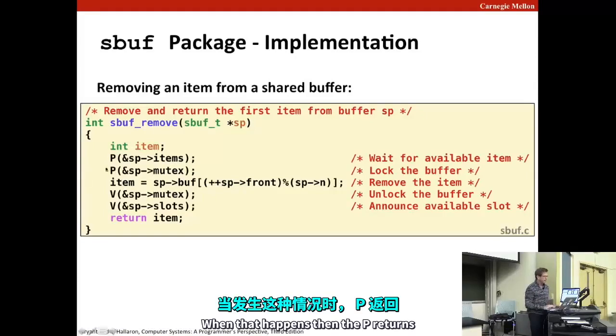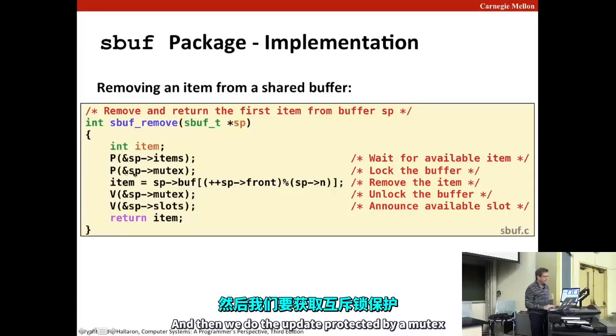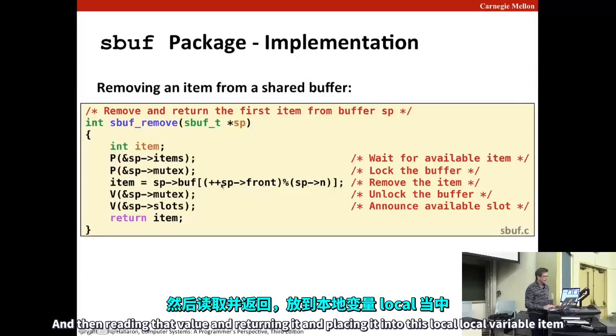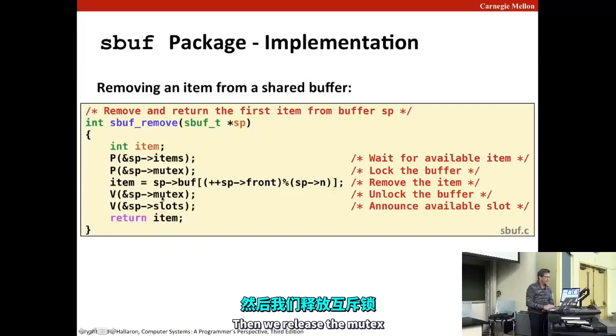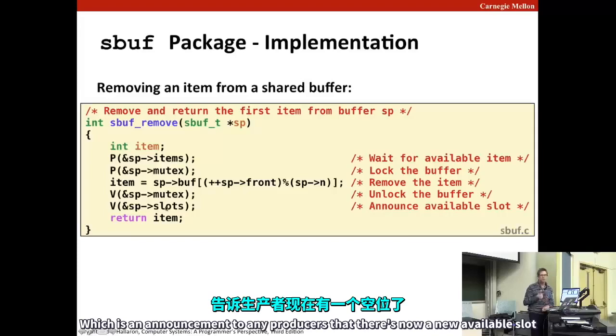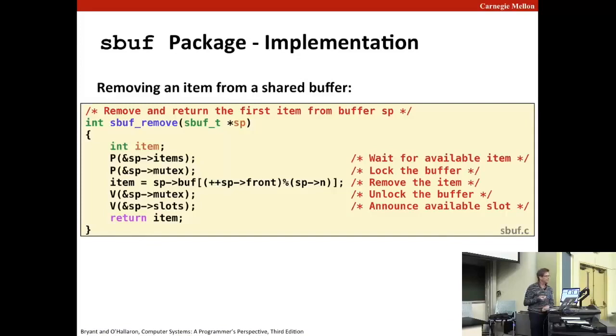When that happens, then the P returns, and then we do the update protected by a mutex by pre-incrementing front, taking the mod n, and then reading that value and returning it, and placing it into this local variable item. Then we release the mutex, and then we do a V on the number of slots, which is an announcement to any producers that there's now a new available slot. Okay.